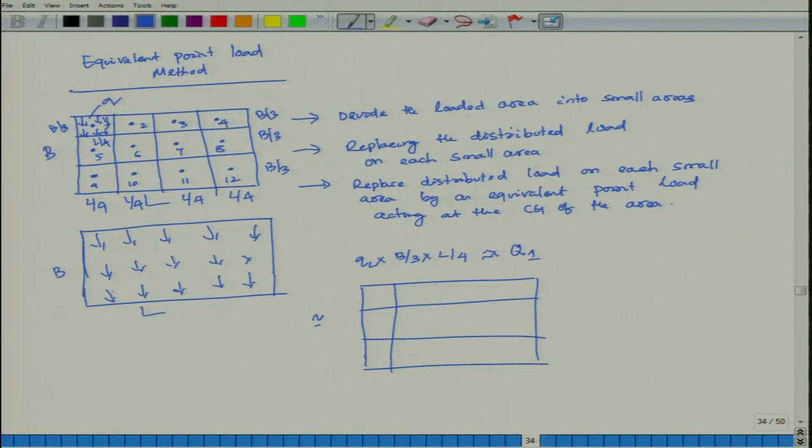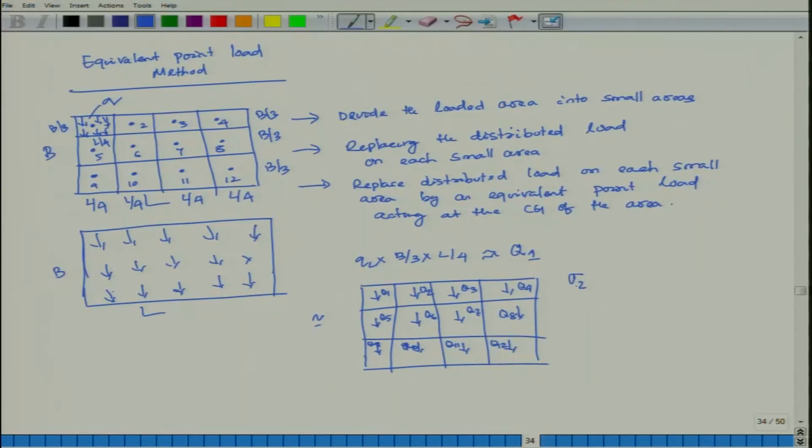It looks like this: there are Q1, Q2, Q3, Q4, Q5, Q6, Q7, Q8, Q9, Q10, Q11, Q12, n number of point loads. Then for each point you calculate, as each is a point load, Boussinesq's point load equation will come into the picture.